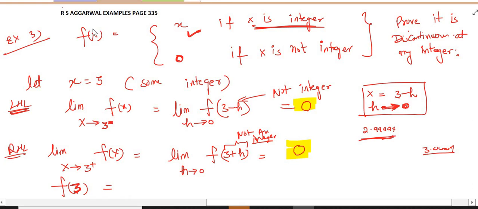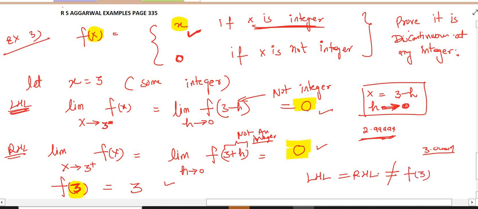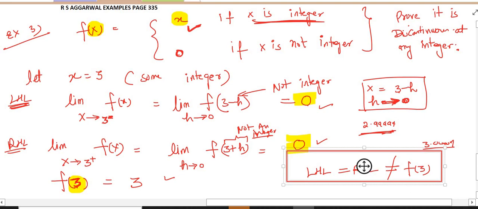If it was x, then x will come out. If it was 3, then I will get 3 itself. So clearly I am not getting these 3 values equal. My LHL is equal to RHL but not equal to f(3). So by looking at this, I can declare that it is discontinuous.